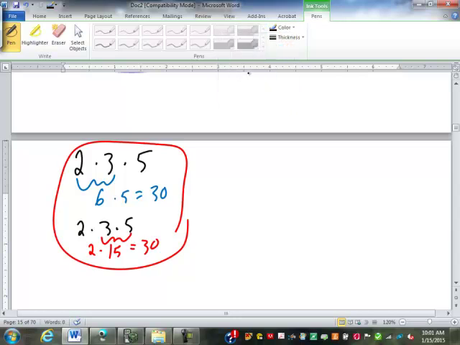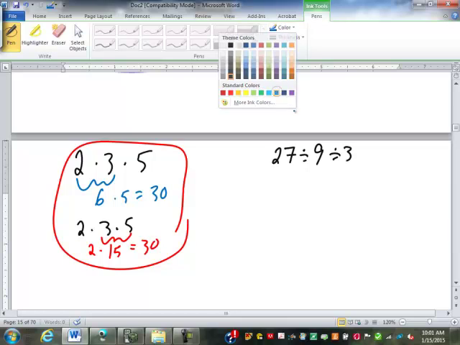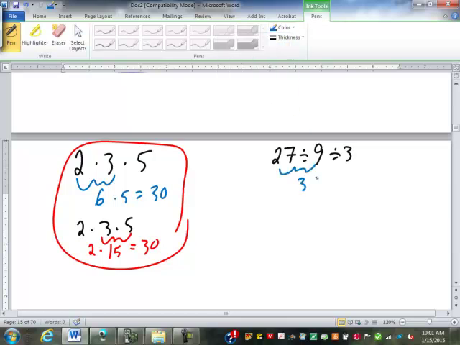Division, you can probably guess by now, is not. For example, 27 divided by 9 divided by 3. Well, 27 divided by 9 is 3. 3 divided by 3 is 1.